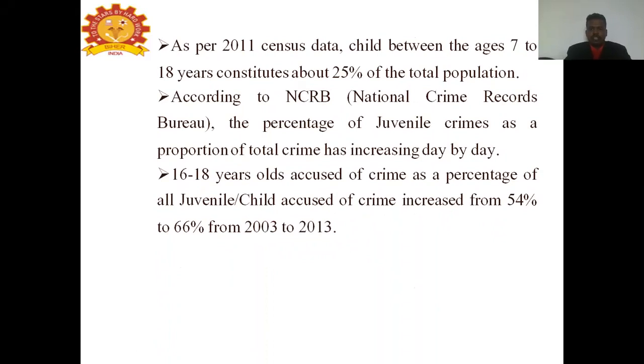What is the meaning of juvenile? Juvenile means children. So all of this talks about children. As per the 2011 census data, children between the ages of 7 to 18 years constitute about 25% of the total population. According to the NCRB, the National Crime Records Bureau, the percentage of violent crime as a proportion of total crime is increasing day by day, around 2 or 3%.